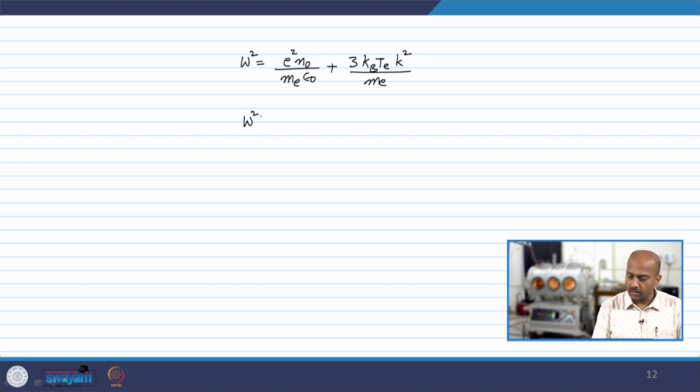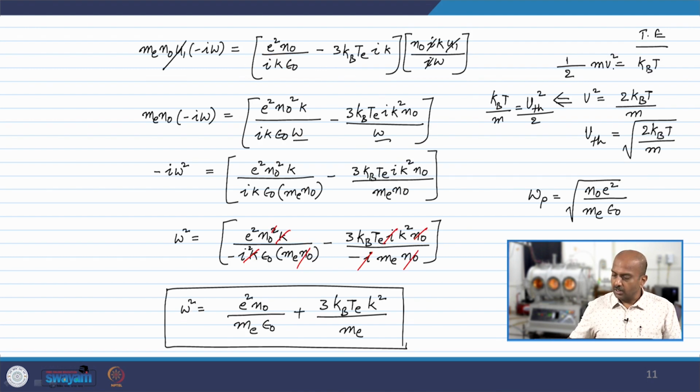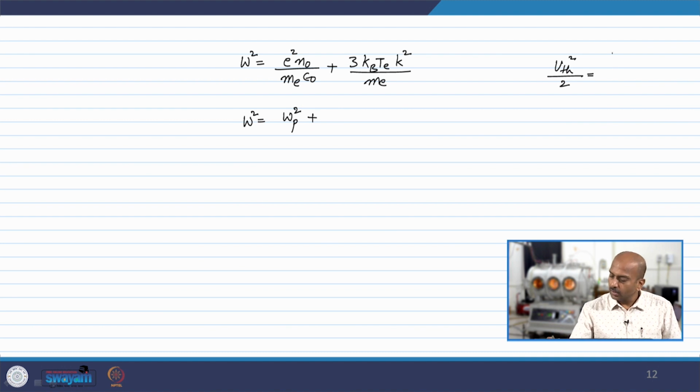So, omega square has to be rewritten as omega_p square plus, so v_th square by 2 is k_B T_e by m_e. This part k_B T_e by m_e can be replaced as v_th square.